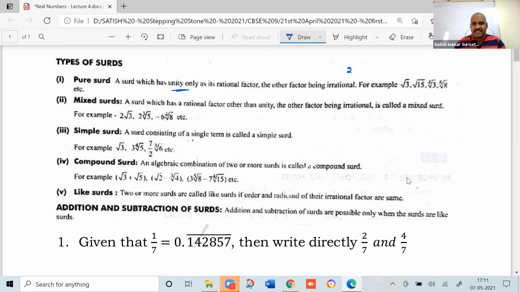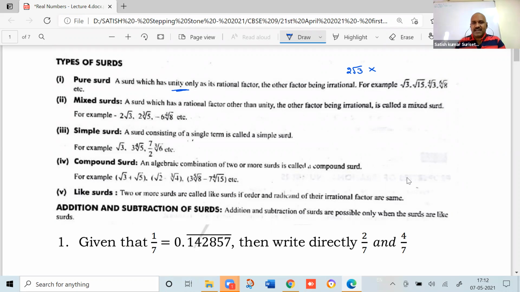Can I say 2 root 3 is a pure surd? No, it is not a pure surd. Read the statement. A surd which has unity only as its rational factor. Unity means 1. That means here 2 should not be there. Only 1 should be the rational factor.